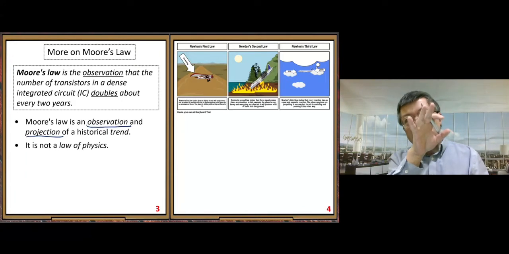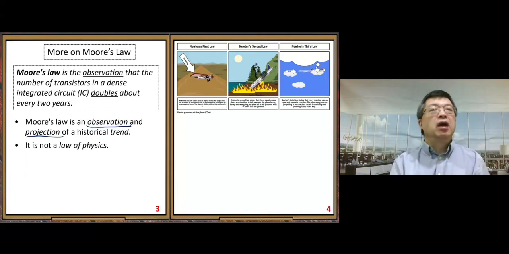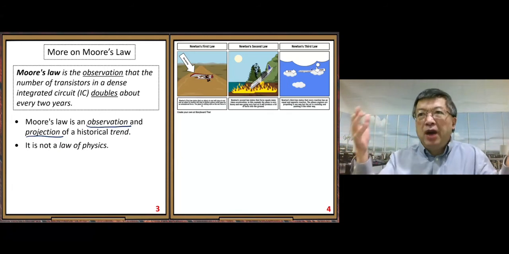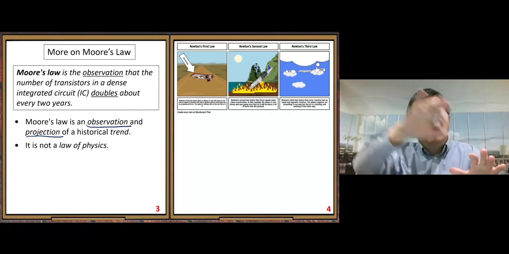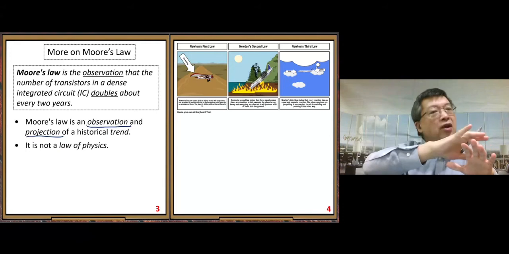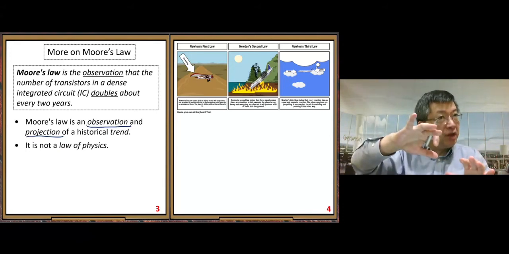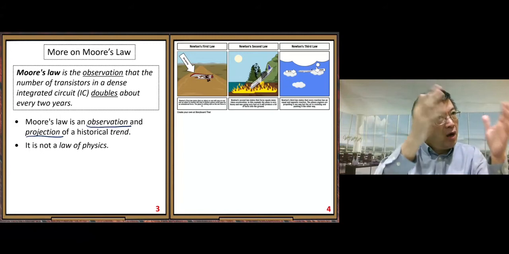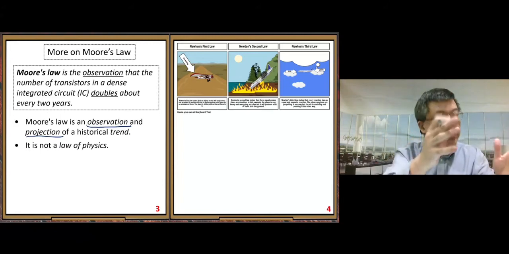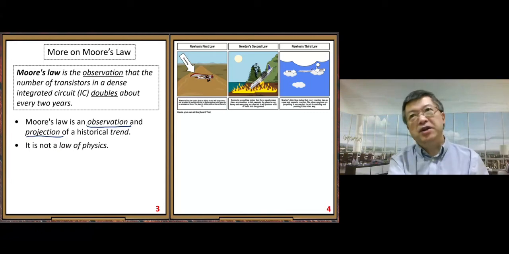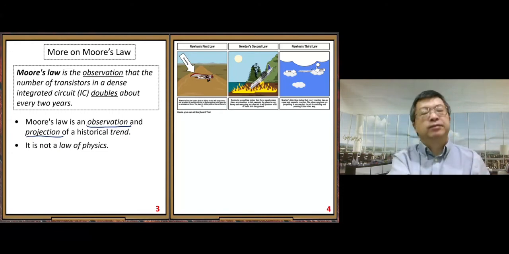For approximately 40 years. And in recent years, it is very hard to maintain that increasing rate, because that increasing rate is very high: double every 2 years. Think about how much the increasing rate of the transistor density is. In recent years, it is extremely hard to maintain this kind of high rate.